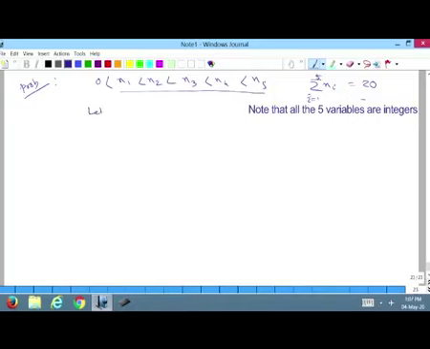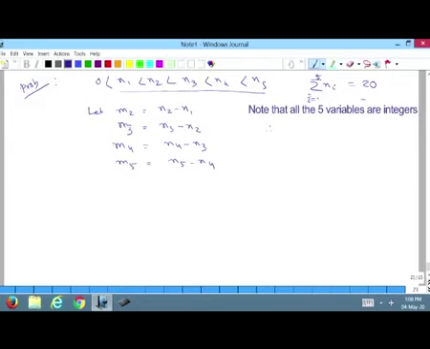Let m2 is equal to n2 minus n1, m3 is equal to n3 minus n2, m4 is equal to n4 minus n3, and m5 is equal to n5 minus n4.